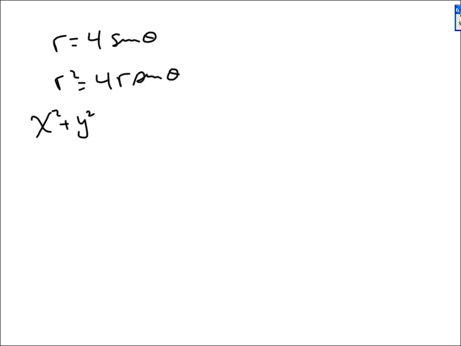Suppose I tell you that r is equal to 4 sine theta. Now, the easiest way to do this is to multiply both sides by r. So r squared is 4r sine theta. And r squared is x squared plus y squared, equals 4, r sine theta is y. Done. I wrote an equation that just has x and y.